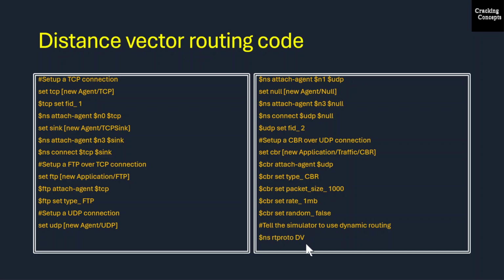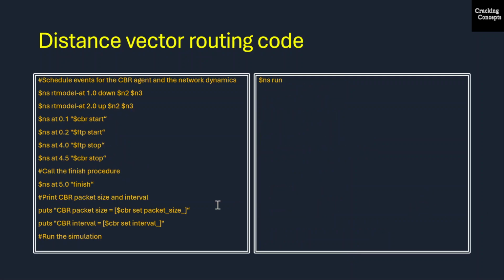We have discussed this when we discussed the theory part of this, that is adding the statement ns rtproto dv and then modeling the links to be enabled and disabled at certain times using the rtmodel-at statements.